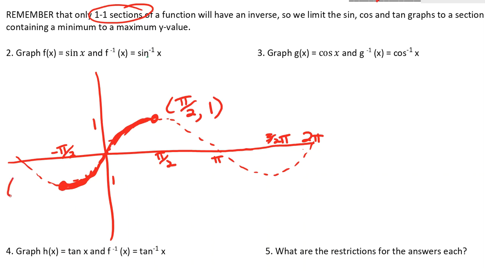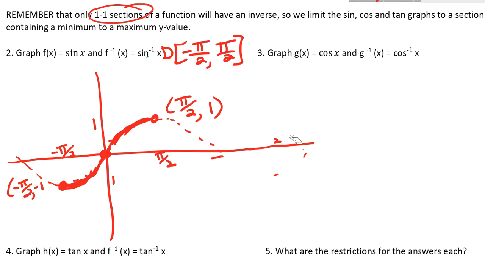This endpoint is at negative pi over 2, -1. And of course it goes through the point 0, 0. So I'm going to restrict the domain from negative pi over 2 to positive pi over 2, just like we could only keep half of a parabola in our last video. So now I'm going to erase some of this sine wave that we're not going to use here.